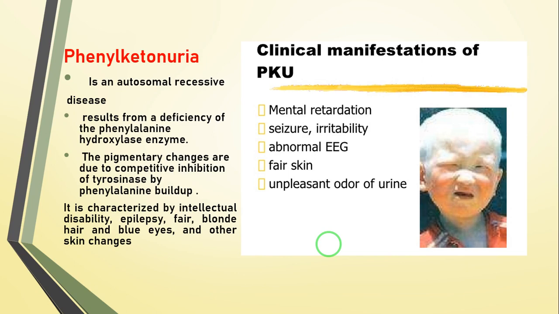So because there is no melanin, the patient will have fair skin, in addition to more abnormalities caused by the accumulation of the phenylalanine. For example, the patient may have a musty odor of the urine, which is an unpleasant odor. Fair skin, there will be abnormal ECG and mental retardation, in addition to blonde hair, blue eyes, and other skin changes.